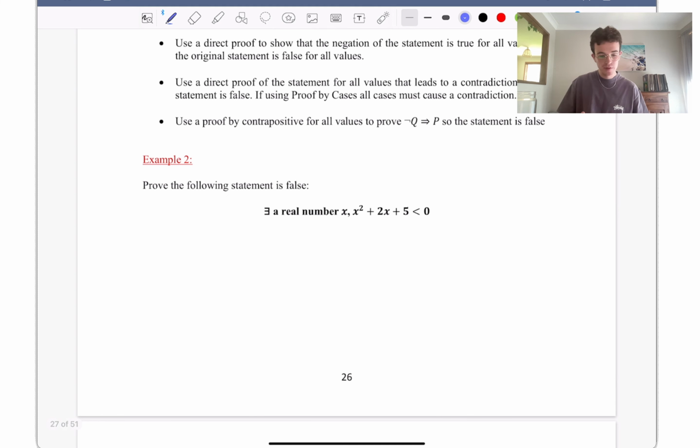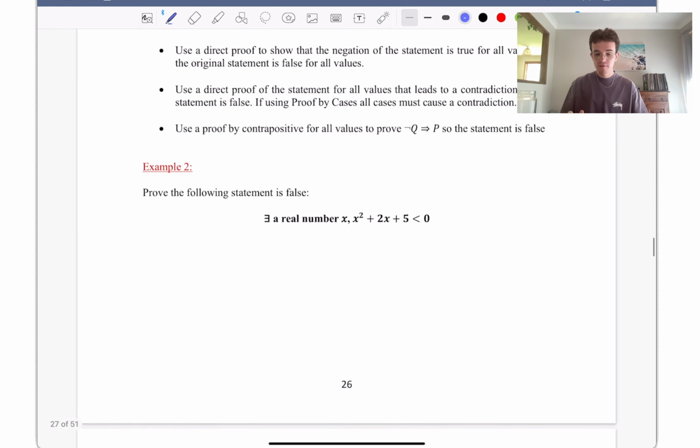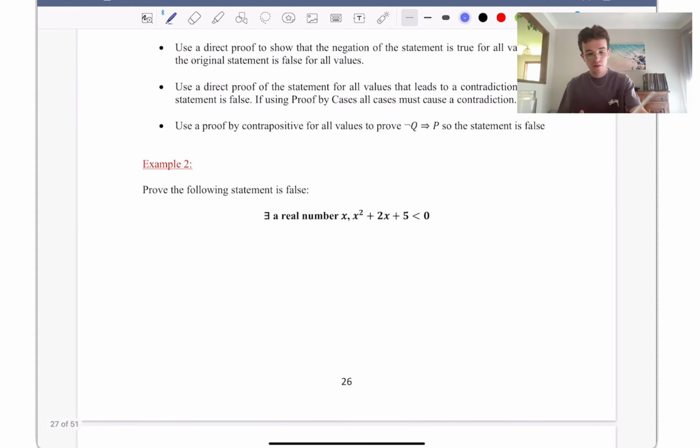Okay, so here we've got the statement that there exists a real number x such that x squared plus 2x plus 5 is less than 0. Again, my favourite out of these three is the direct proof. So we're going to prove that the statement is false for all real numbers.